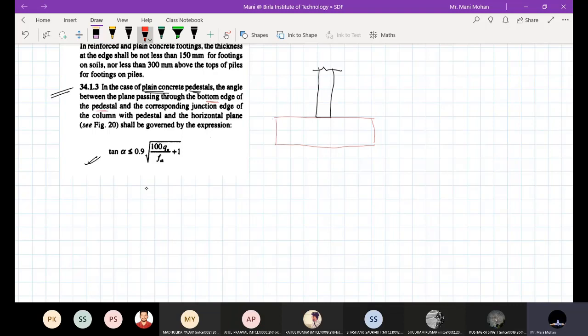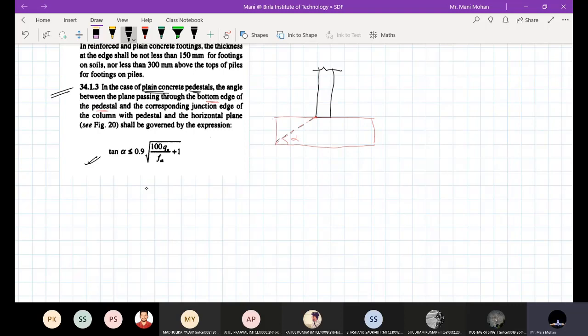So instead of pedestal, I have wall. So this is my bottom edge. From here, I am going to draw the line. With the horizontal, this angle is alpha. This is my angle of dispersion, alpha.